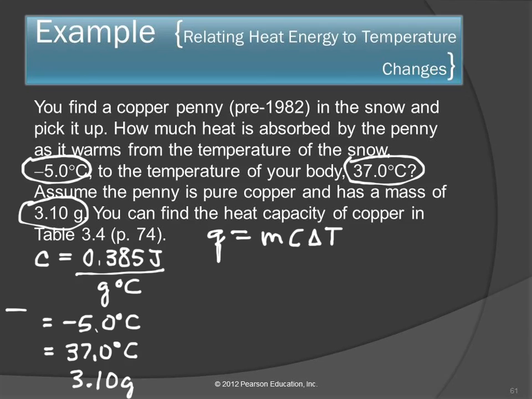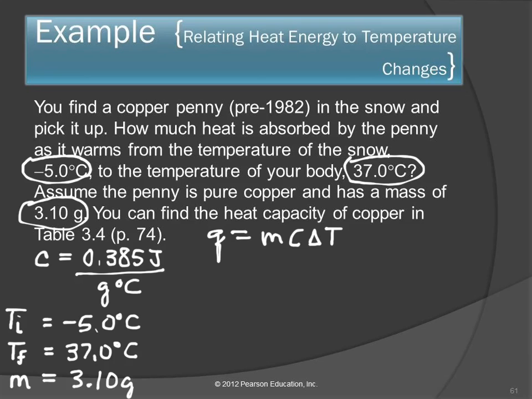Minus 5, because it was in the snow. That's the initial temperature. The final temperature is after it warms up in your hand. So this is the final temperature. And then 3.10 grams, that's the mass. So we're taking those numbers out and we're identifying what they are.